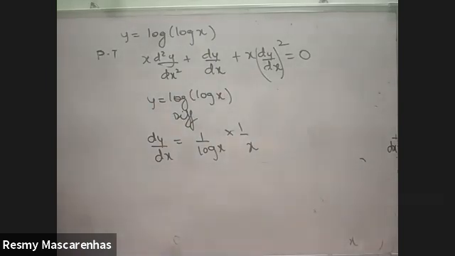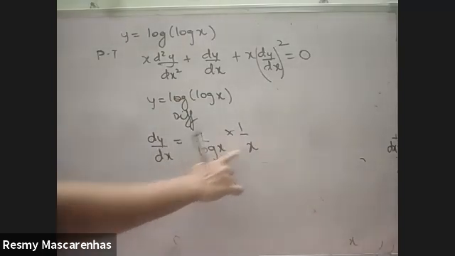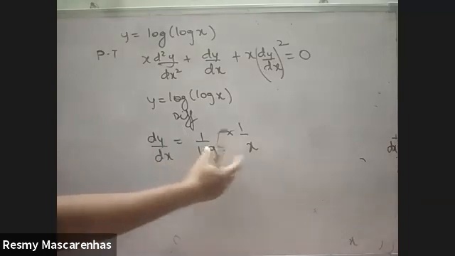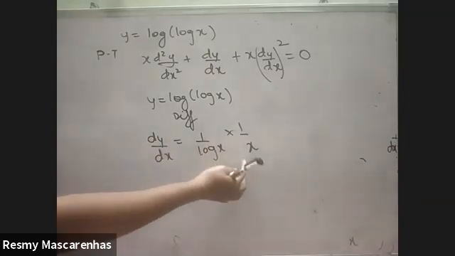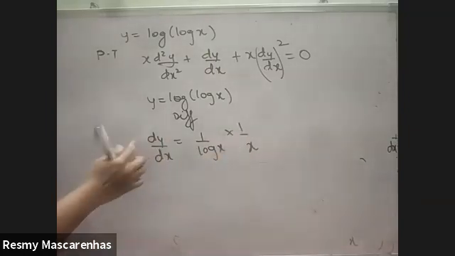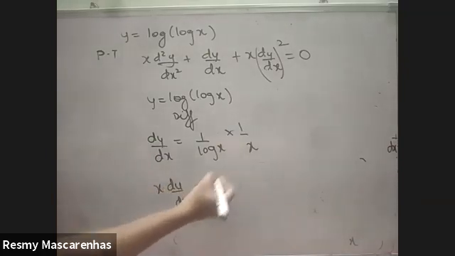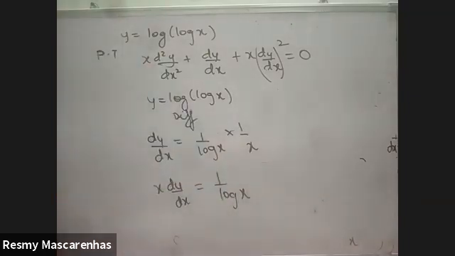So I don't want 1 upon u into v, it is complicated. And if you take all 3 terms on this side also, it will become u v w. So I don't want that. So what I'll do, I'll take only one of the terms there, x dy by dx, and do this. Log x I'll keep here.